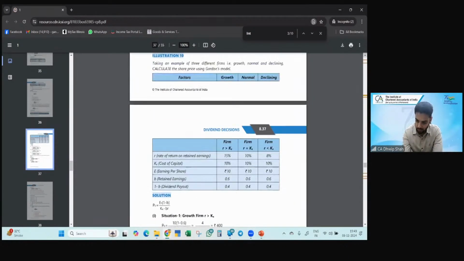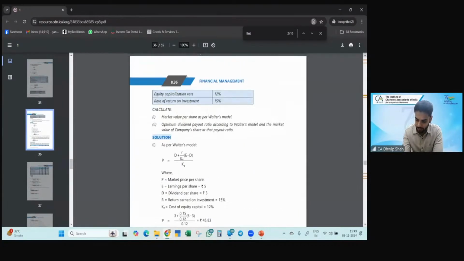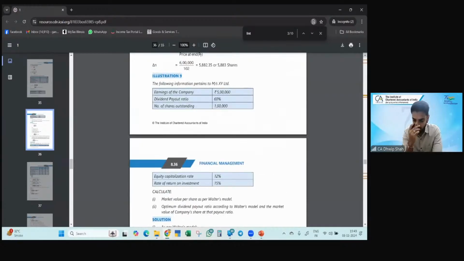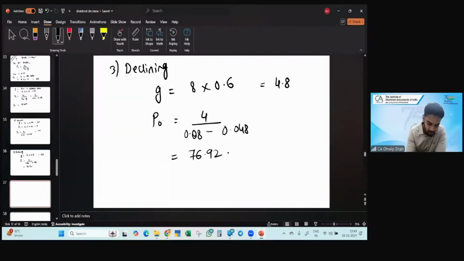Okay. Now, a student had a question. You want me to solve illustration number 9 by which model? Number 9 was Walter. Now you want me to solve by Gordon's model, correct?